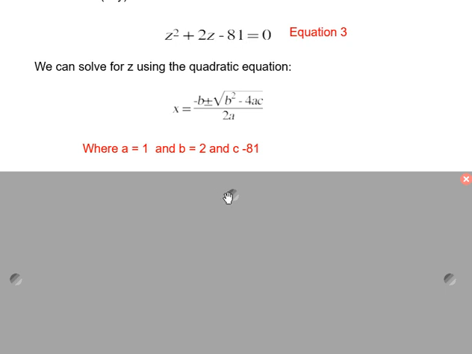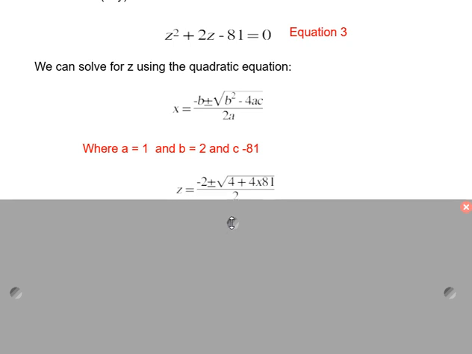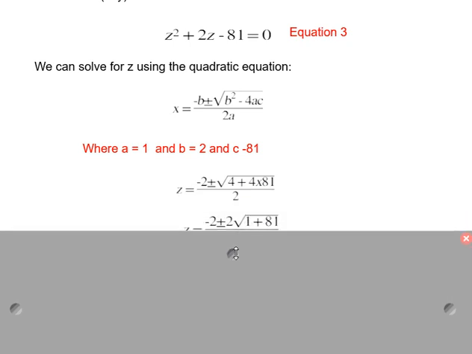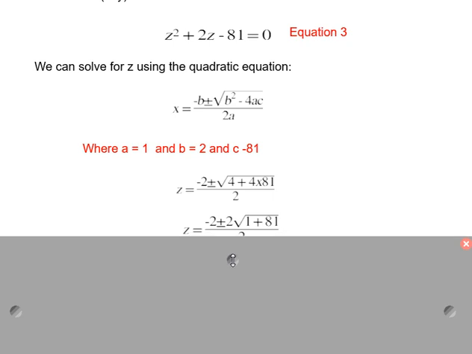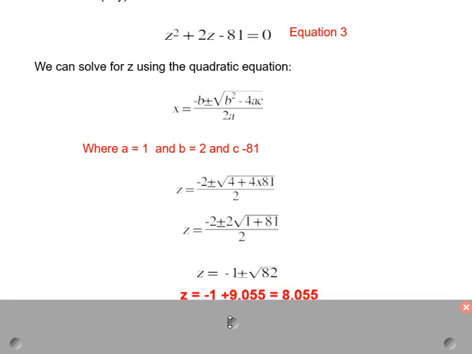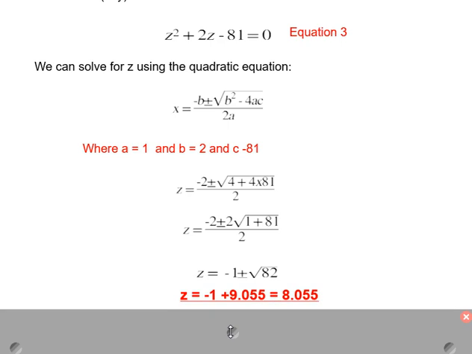So we'll put those values in here, and then simplify it a bit by taking 2 squared outside. Further down, and we get z is minus 1 plus or minus the square root of 82, which is minus 1 plus 9.055. I know that there is also a minus 9.055, but we'll get a total negative answer, which is not applicable in this case.